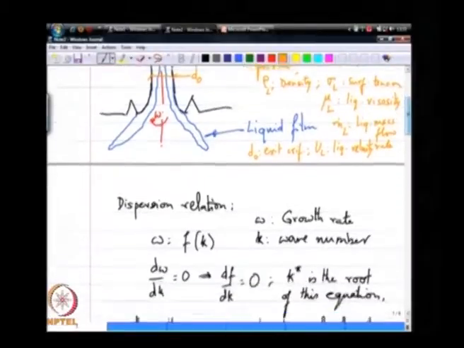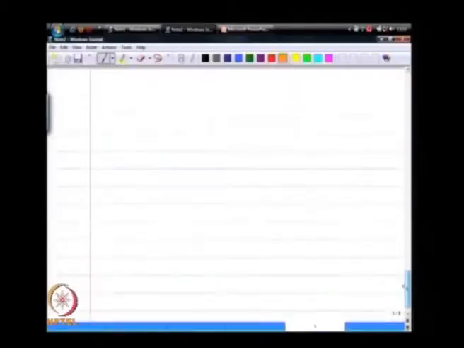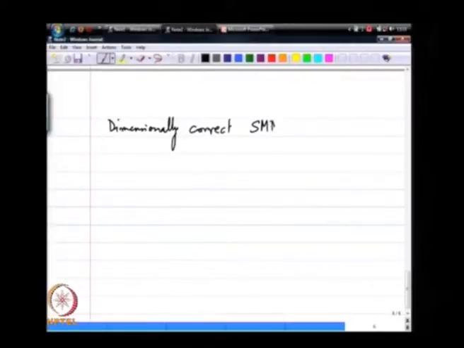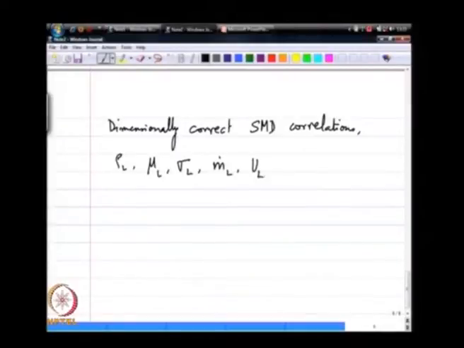Okay, so, I am going to transcribe these back on the other end here. So, deriving dimensionally correct SMD correlations involves taking this list of quantities and finding a set of dimensionless groups that are important.